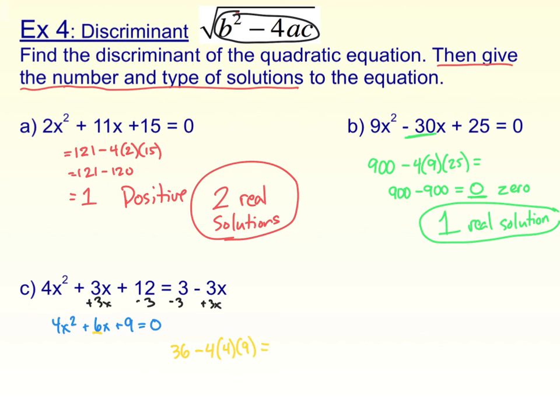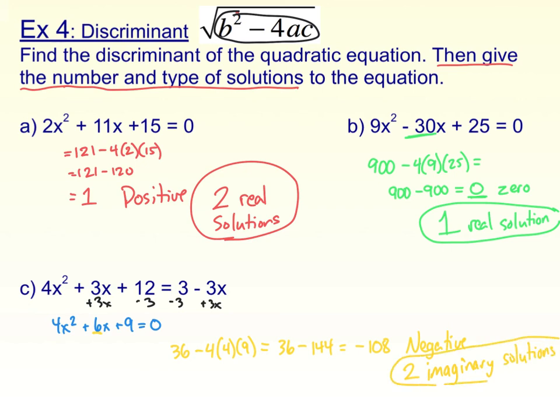So 36 minus 4 times 4 is 16 multiplied by 9 is 144, and 36 minus 144 is a negative number. It is negative 108, but you just have to realize that that is negative, and if it is negative, you will have 2 imaginary solutions is the answer.